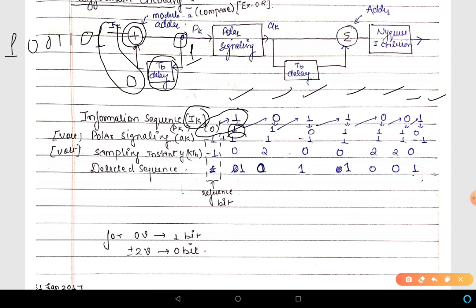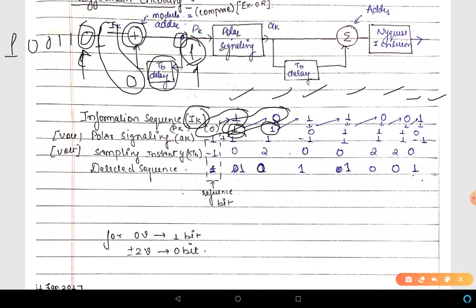So my reference bit and this bit will produce 1, and now after a 1 bit delay this 1 will come at the input of the modulo 2 adder. In the next clock there is XORing of this 0 with this 1, as shown here. This 0 and this 1 are XORed, the result is 1.